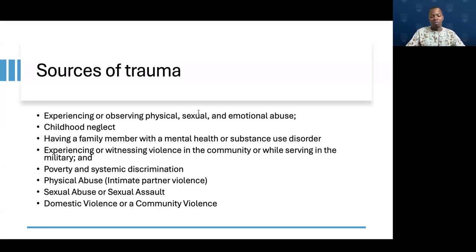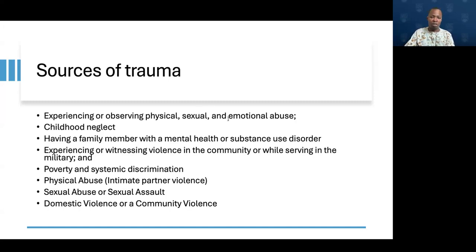Where does trauma come from? Many of us in this talk are probably a bit aware of the sources of trauma. The most common sources include experiencing or observing physical, sexual, or emotional abuse, childhood neglect, having a family member with a mental health or substance use disorder, experiencing or witnessing violence in the community or while serving in the military, and sometimes poverty and systemic discrimination.